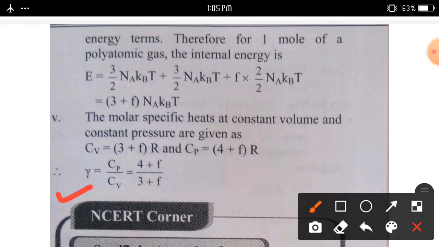This is the adiabatic ratio in terms of degrees of freedom for polyatomic gases.